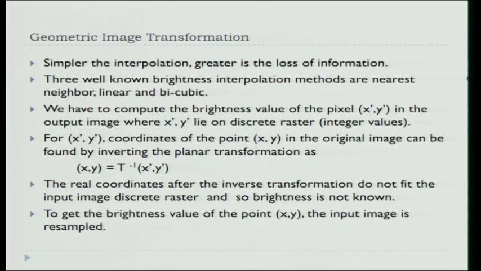Now, as you know, we have to compute the intensity value of the output image from the input image, right. Now, you got a transformation matrix or a vector through which you got x dash and y dash. Unfortunately, they are in the real domain.